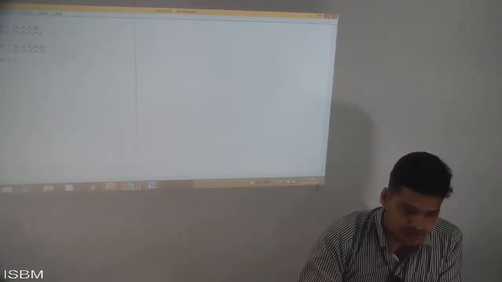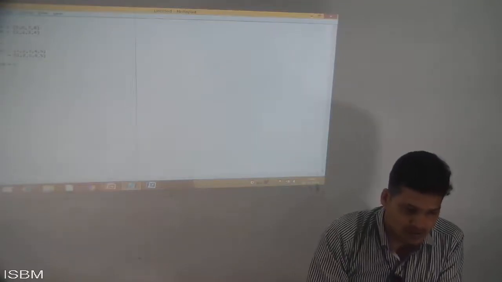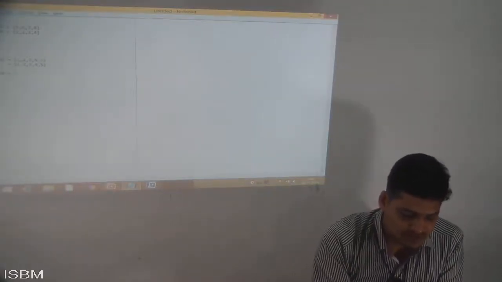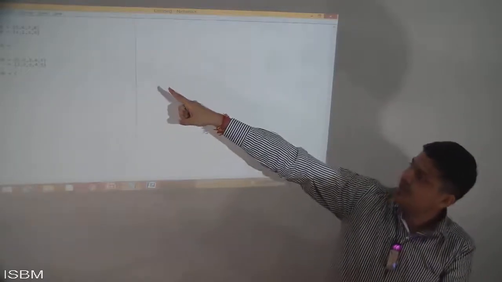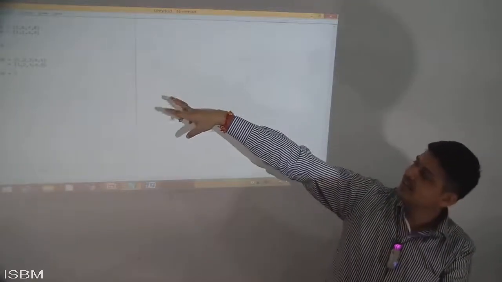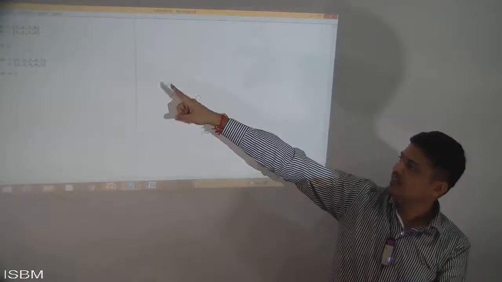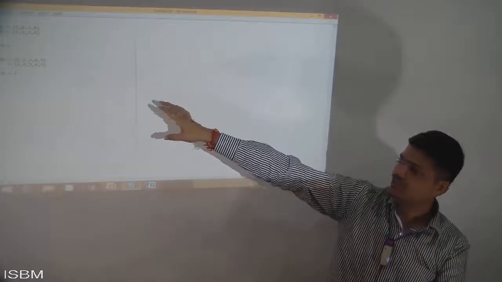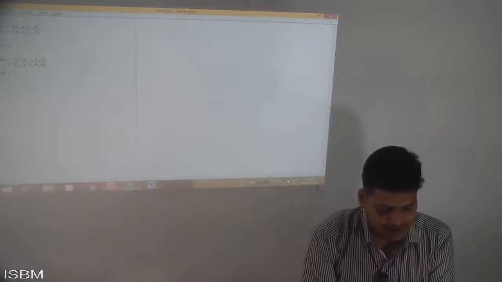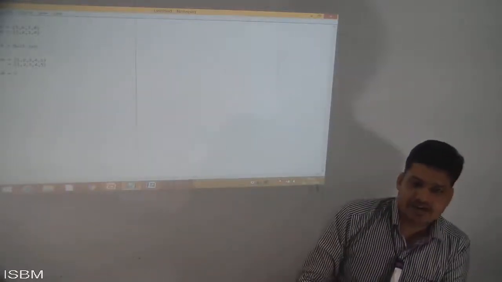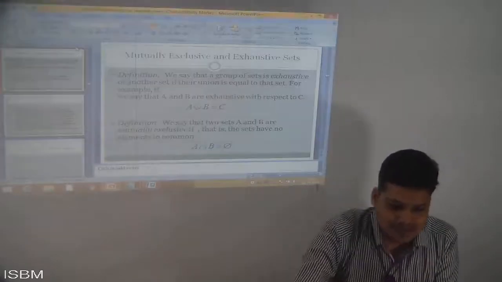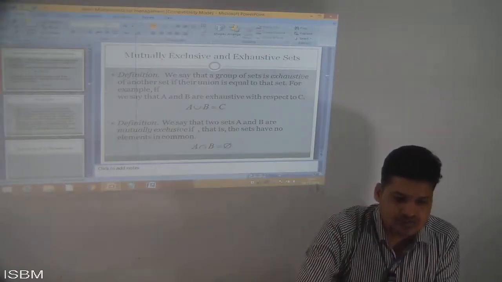Here we are taking A intersection B. When we look at set A and set B, there is nothing common in 5, 6, 7, 8 and 1, 2, 3, 4, so it comes to the null set. When A intersection B is the null set, this is called exclusive.